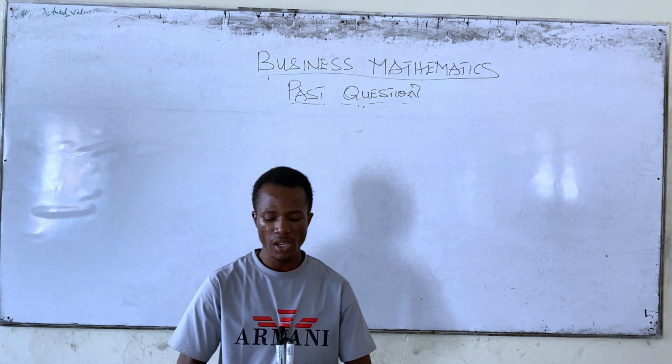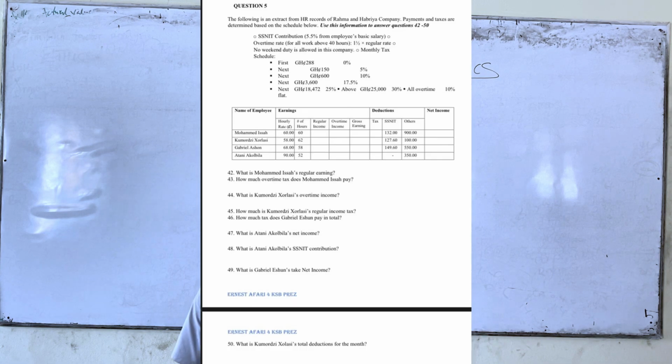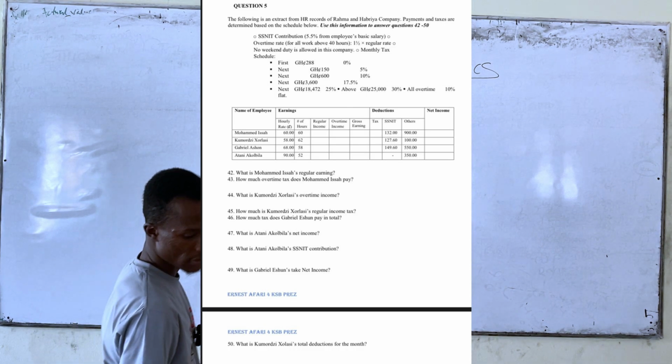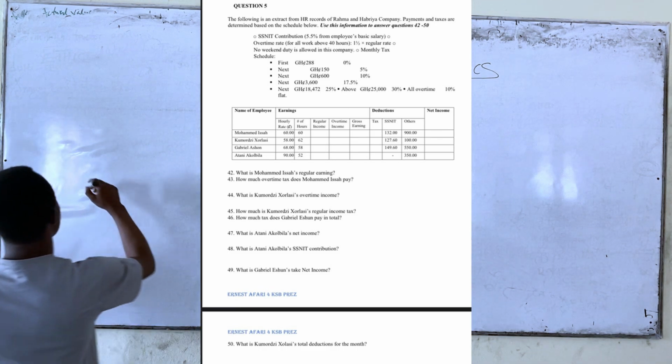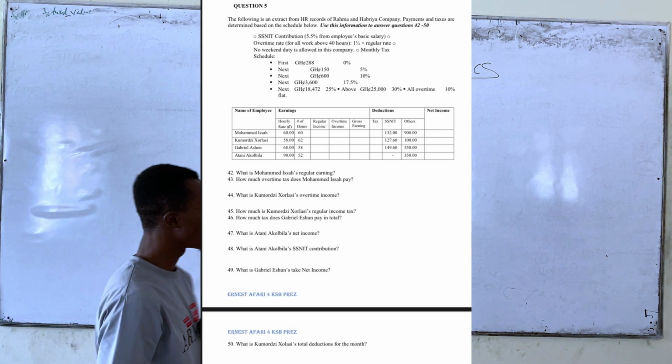So the question says, what is Mohammed Issa's regular earning? Now Mohammed Issa's hourly rate is 60. Okay. So Mohammed Issa, question number 42.